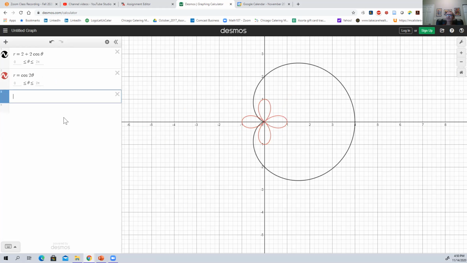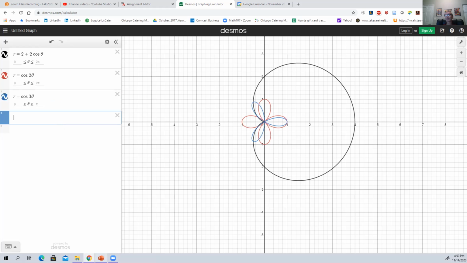What happens if it's 3 theta? r equals cosine of 3 times theta. And you can see now, instead of having 4, we only have 3. So what's kind of weird is that the odd numbers give you different leaves than the even numbers do.